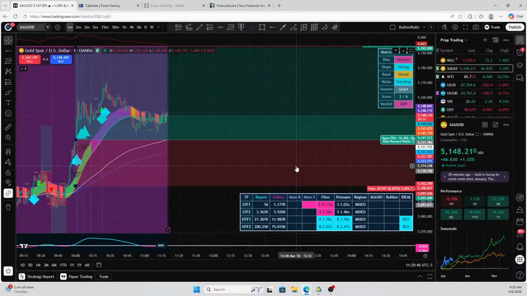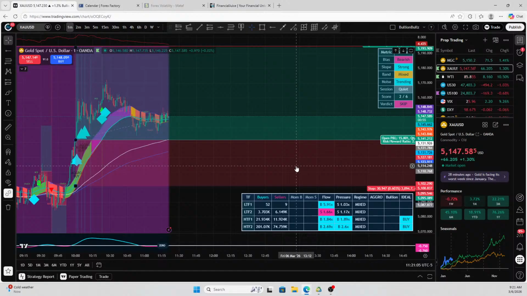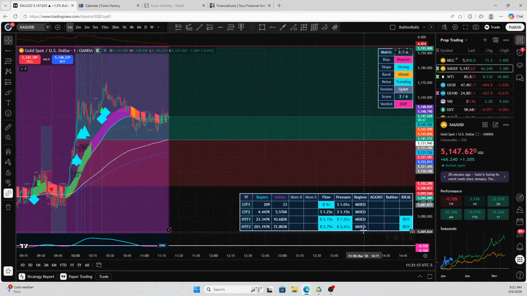Whereas right now, since the market condition is different, we're utilizing just the Trendmaster indicator to give us these opportunities to trade the market as it moves. So right now the pressure is at 2.48. As I mentioned earlier, as long as it stays above 2, we're going to stay inside the trade.